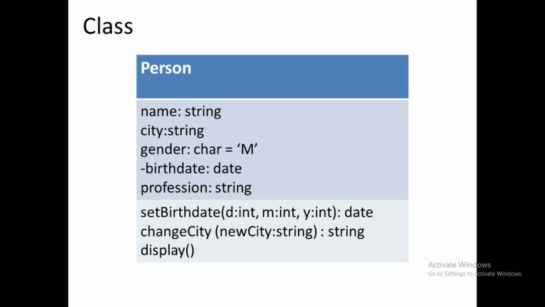So when we create object related to person class, suppose person 1, person 2, person 3, all these objects can be used, and these objects can access all these methods and attributes also.